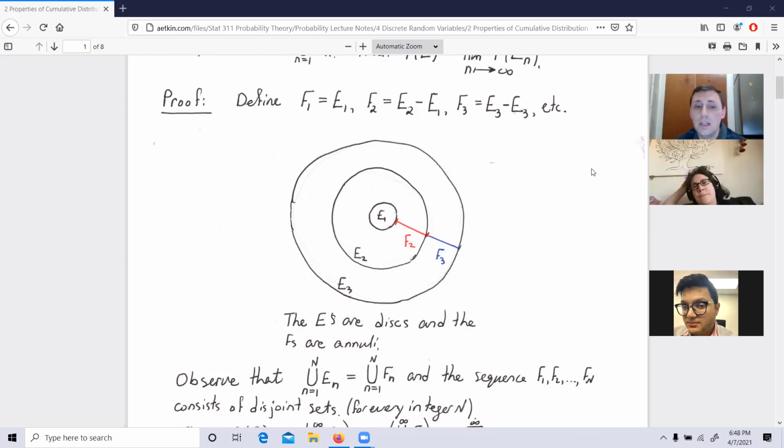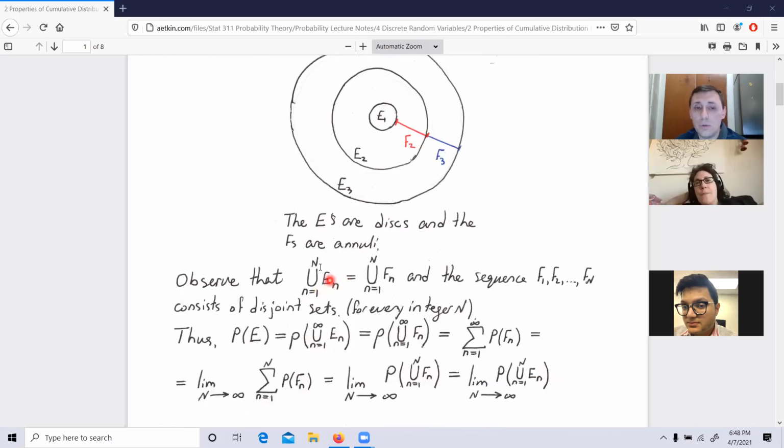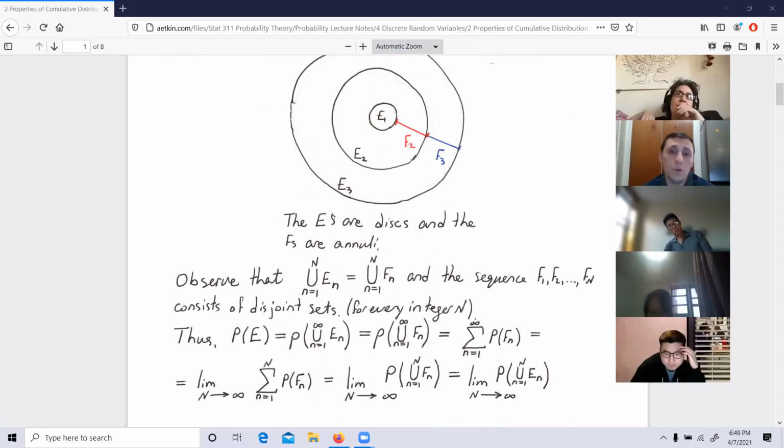If I go all the way to capital N, the union from n=1 to capital N of those events is the same as the union of the events F, where F1 is E1 and F2 is the difference between E2 and E1. You see, I take the small disk and then the annulus and then union the next annulus and so on and so forth, right? It's just a diagram here.